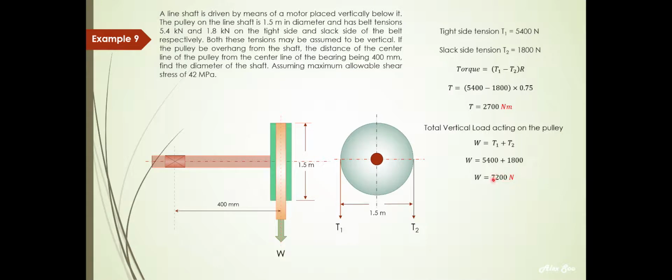This 7,200 newton acting here on the pulley, multiplied by this length of 0.4 meter, gives you a bending moment about the bearing. So the moment is W times L. The total load multiplied by the length 0.4 meter gives a bending moment of 2880 newton meter. Now in this case, we have both the bending and the twisting moment.